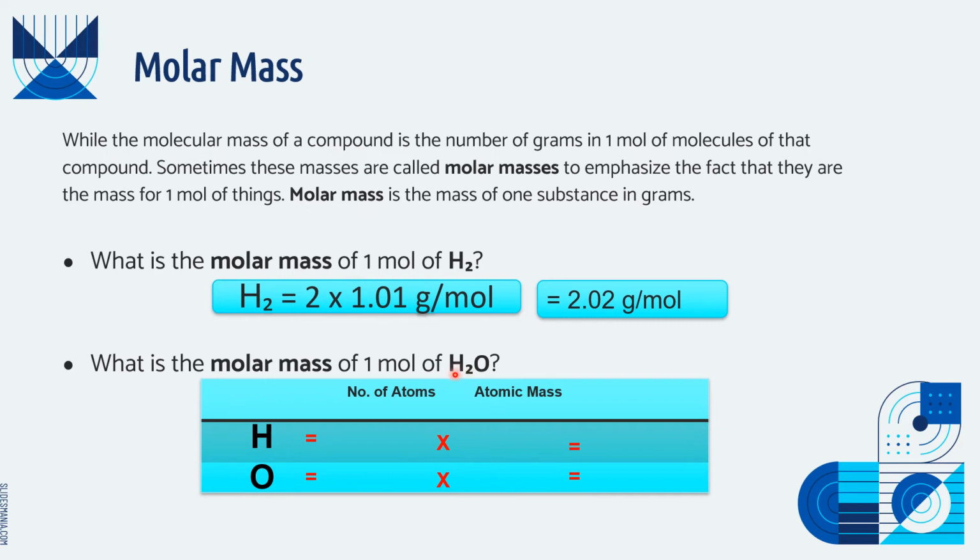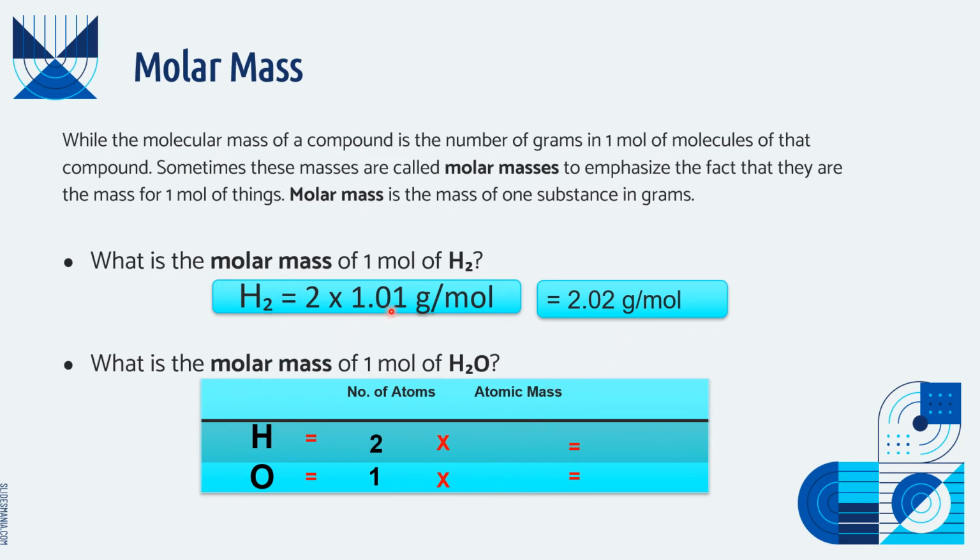H2O means there are 2 atoms of hydrogen in a water molecule. There are two H in H2O. How many atoms of oxygen are there in water? There is only 1.